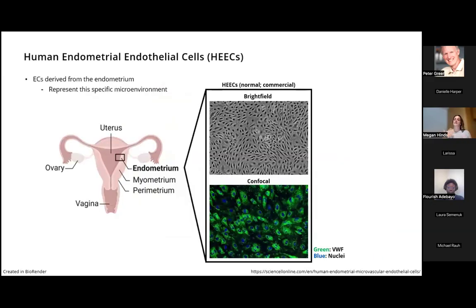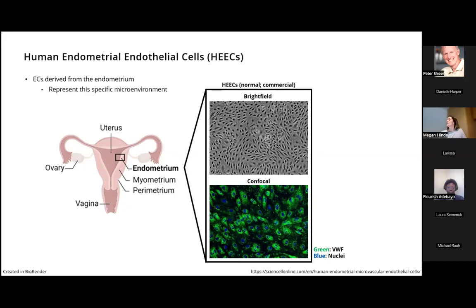In contrast to that, endothelial cells isolated from specific vascular beds retain site-specific characteristics and specifically reflect microenvironmental influences. And this makes them a valuable model for personalized approaches for studying diseases. And when it comes specifically to studying heavy menstrual bleeding, HEECs, or human endometrial endothelial cells, are especially relevant.